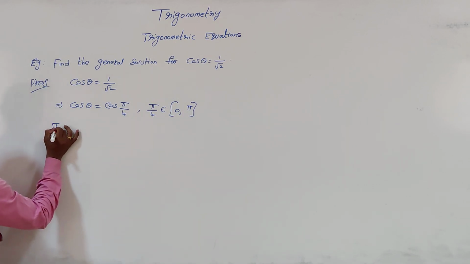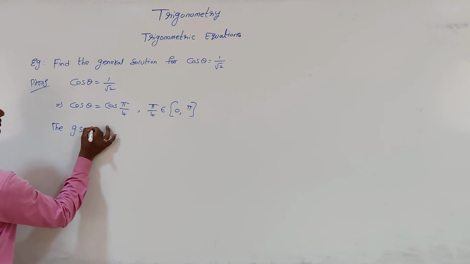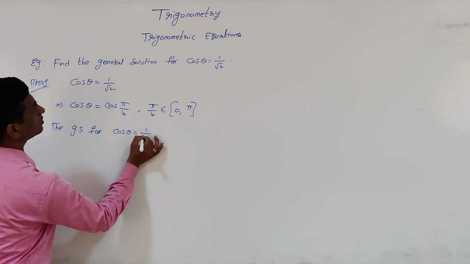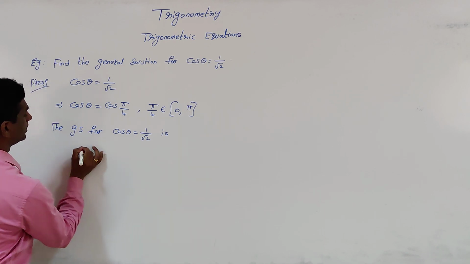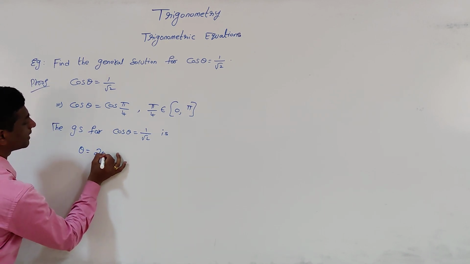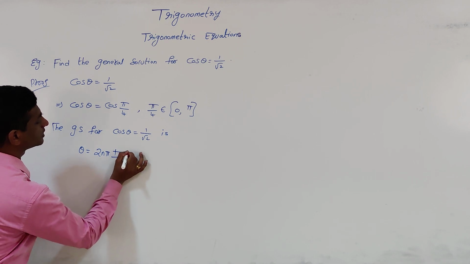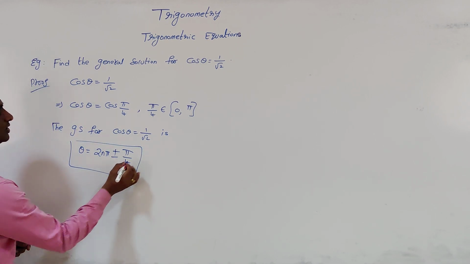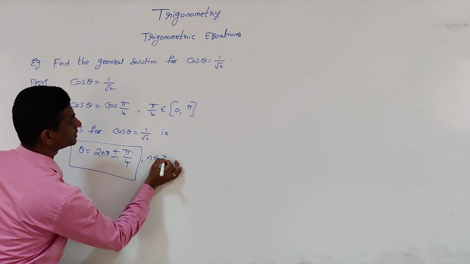So the general solution for cos theta is equal to 1 by root 2 is theta is equal to 2n pi plus or minus pi by 4. So that is our general solution, where n belongs to z.